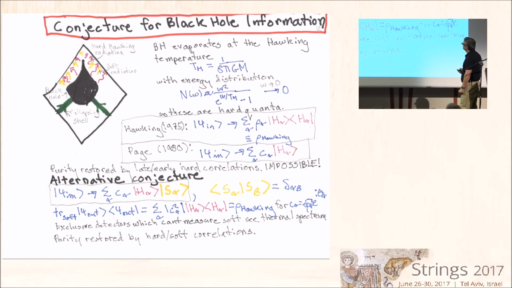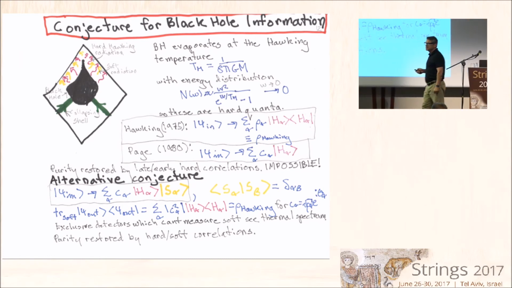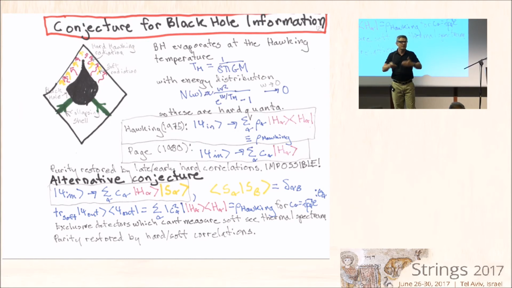Now, this is impossible because, if we make a black hole with no incoming charges, each one of these processes violates a conservation law. It is impossible to make a bunch of hard quanta without also there being a bunch of soft quanta whose distributions have poles at omega equals zero. We could understand that in terms of the gravitational analog of the conservation law I just discussed, supertranslation charge conservation. Every one of these states will violate that conservation law.